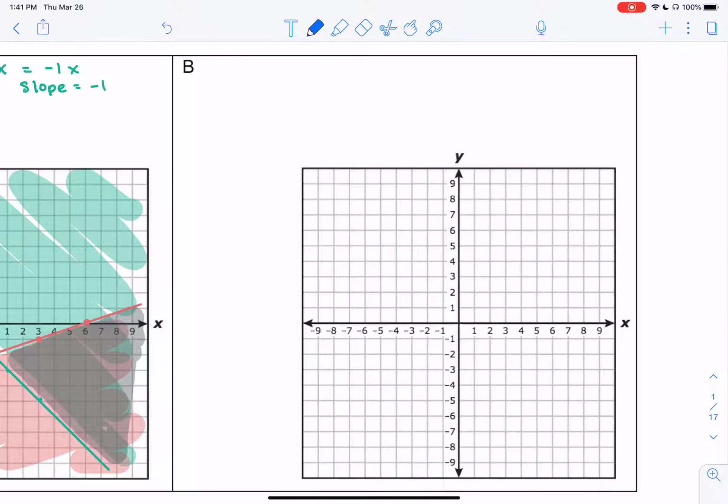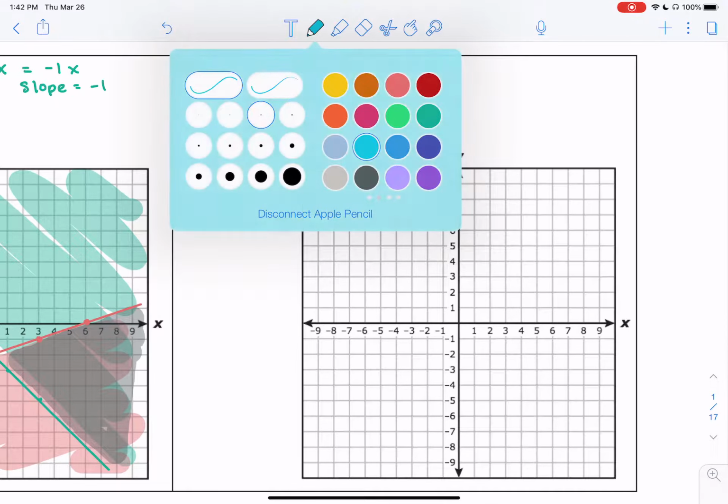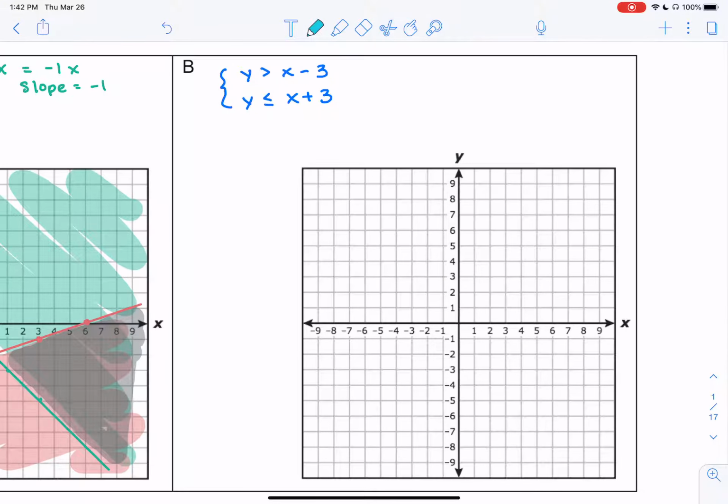And again, page 381 in your book, I'm going to write down what the problem is. I have y is greater than x minus 3. y is less than or equal to x plus 3. All right, they're already in slope-intercept form here, so I'm going to grab my tool to identify, okay, this top one I'm going to use some kind of a blue color.